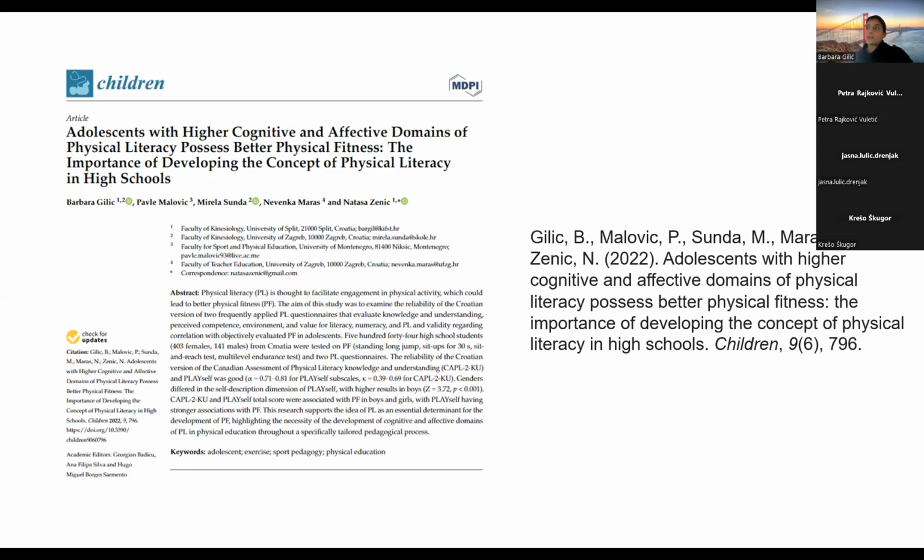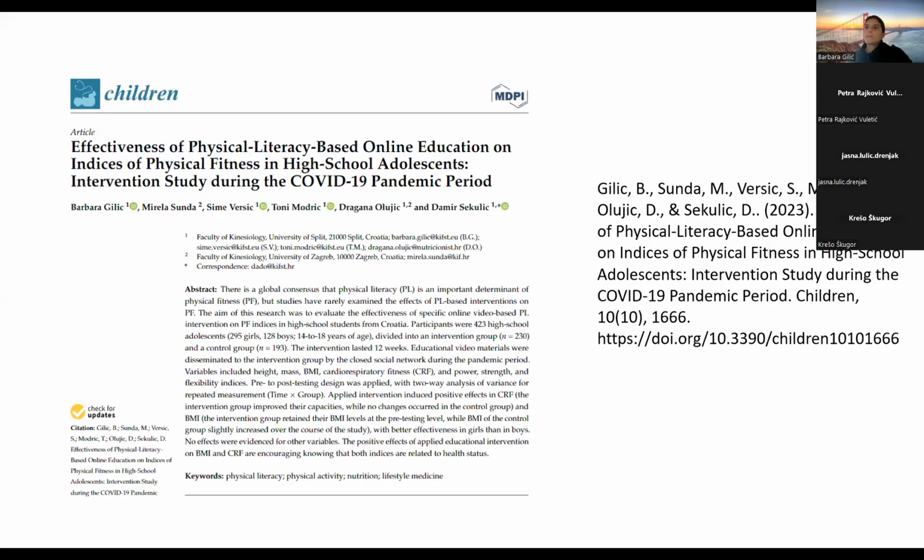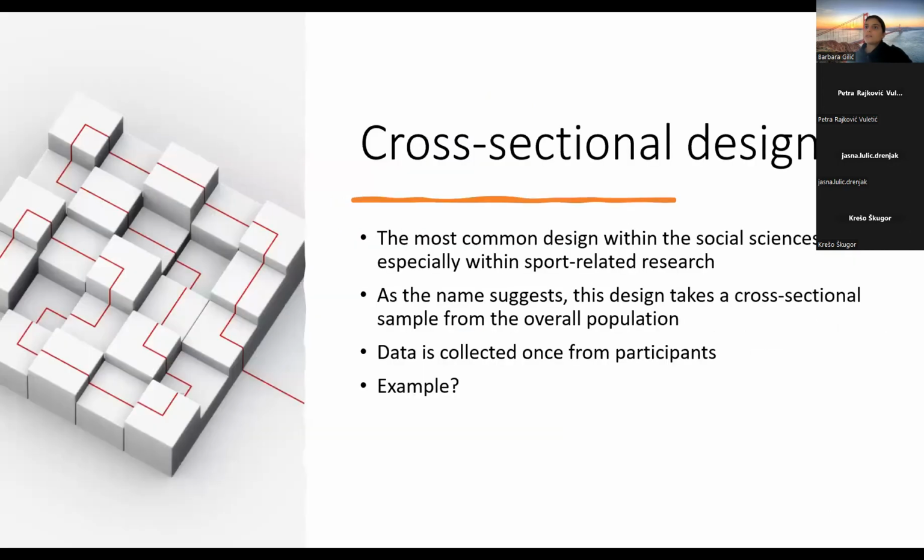So this is only conducted during one testing point. And the main difference between those two studies is that through cross-sectional designs you can cover a larger number of participants, because you don't have dropout from your study, as you collect the data only at one time point. That's why it's most feasible in our research area.